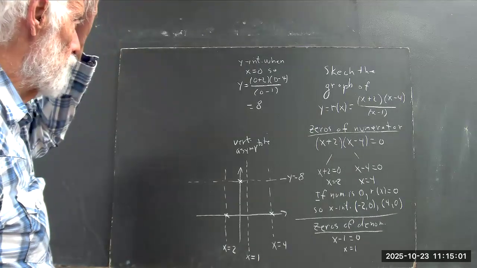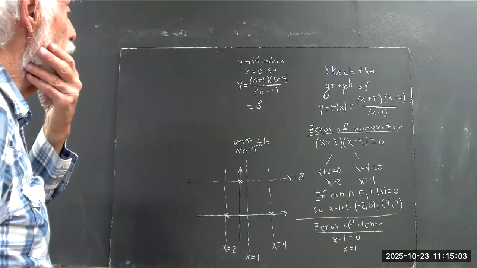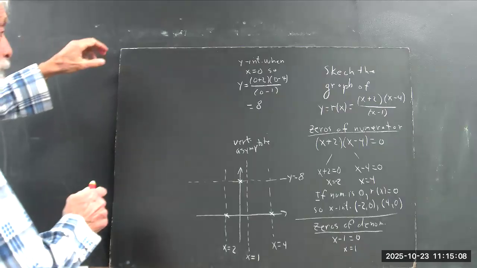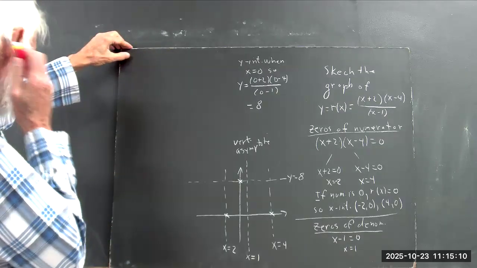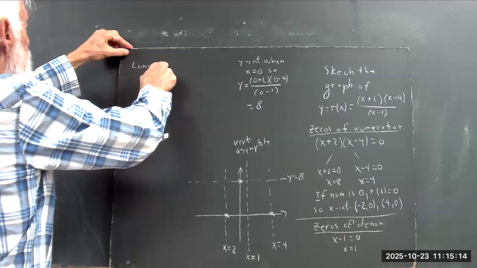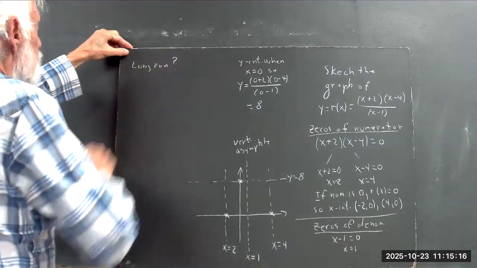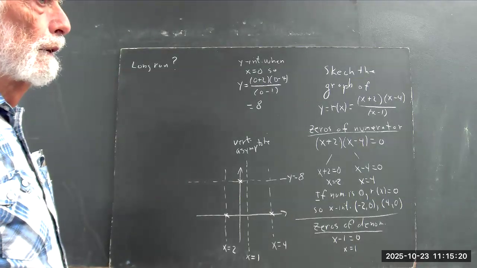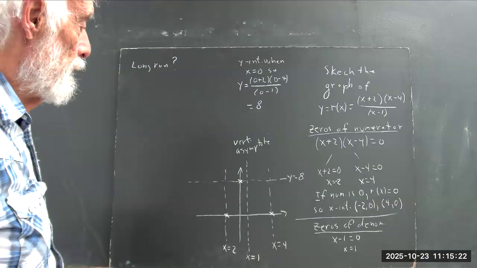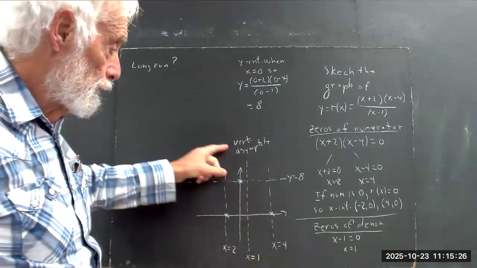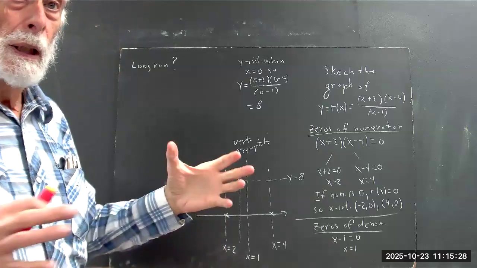Well, what are we going to do next? Well, we noticed that we need to look at the long run behavior. Now, the way I advocate looking at the long run behavior is to figure out what power function this thing acts like when you zoom out.